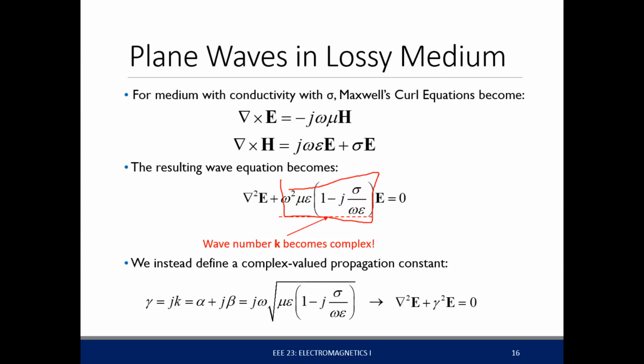So this complex valued propagation constant right here is some gamma, which is the square root of... so this gamma is equal to j times k, which is alpha plus j beta, which is equal to the square root of this expression right here.